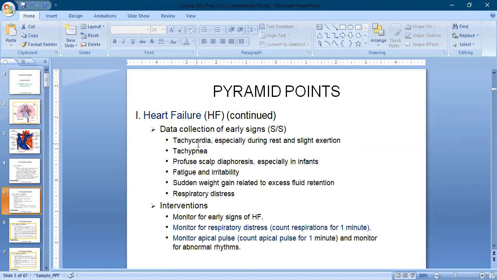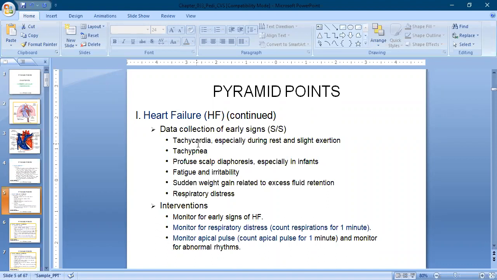If your patient has heart failure, the patient develops anxiety when we have any disease condition. Anxiety increases, palpitation increases, heartbeat increases.